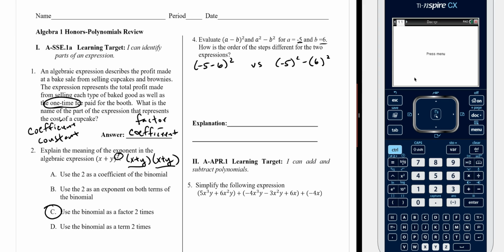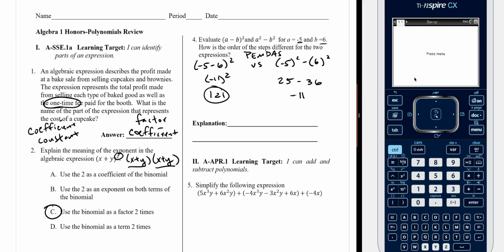So using order of operations, PEMDAS, negative 5 take away 6 is negative 11 squared, we get 121. And negative 5 squared is 25, and 6 squared is 36, and we get negative 11 here.